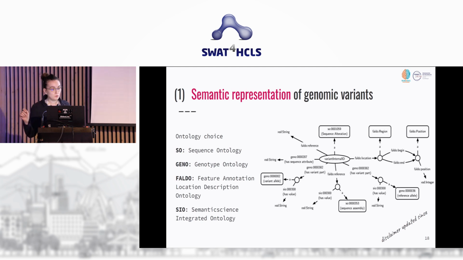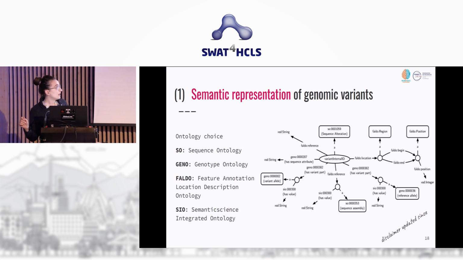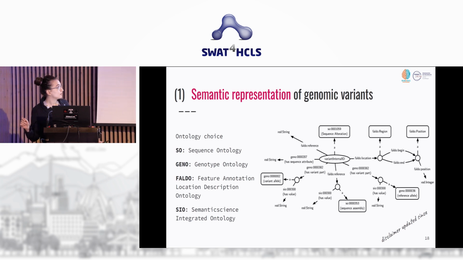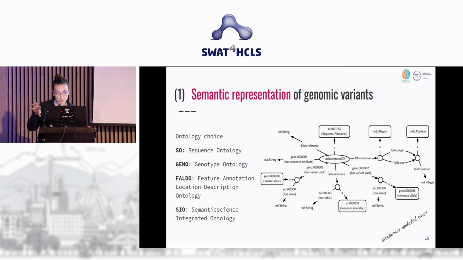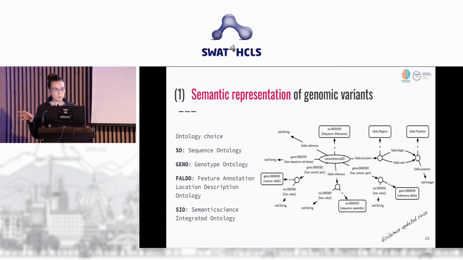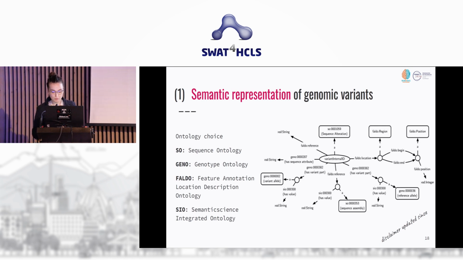We also used FALDO to precisely represent the position of the variant, and we used SIO to represent some of the properties of this semantic representation.